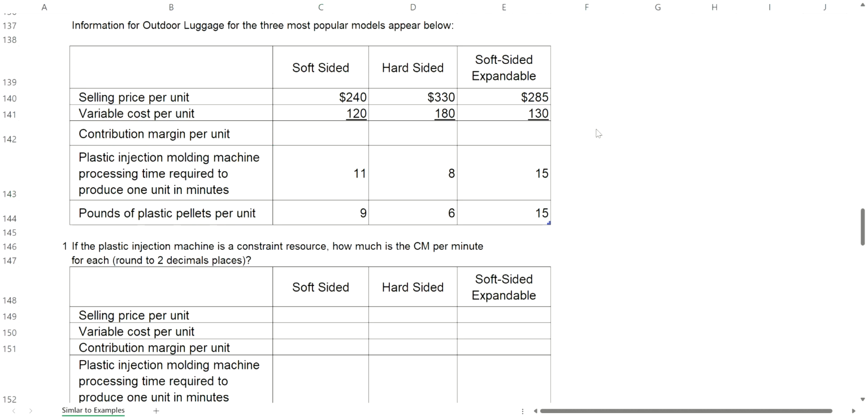Then, as additional information to help us out, you're given the plastic injection molding machine processing time required to produce 1 unit in minutes is 11 minutes for soft-sided, 8 for hard-sided, and 15 for soft-sided expandable. And then the pounds of plastic pellets per suitcase: 9 for soft-sided, 6 for hard-sided, 15 for soft-sided expandable.